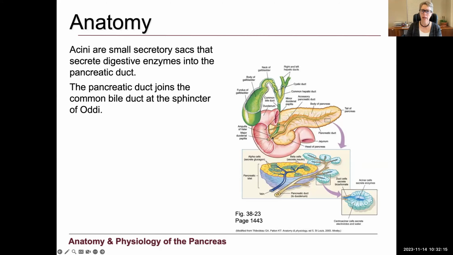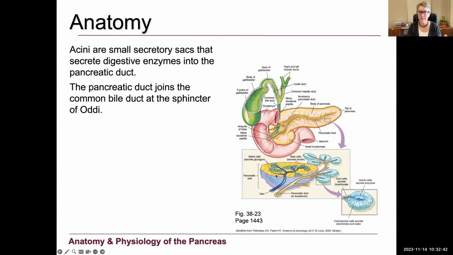So in the middle of the pancreas, there is a duct called the pancreatic duct. And draining into the pancreatic duct are these smaller ducts, and then they terminate or start with these sacs of cells called acini. So let's kind of work at the acini and then go back to the pancreatic duct.